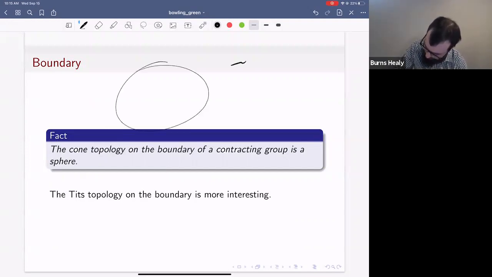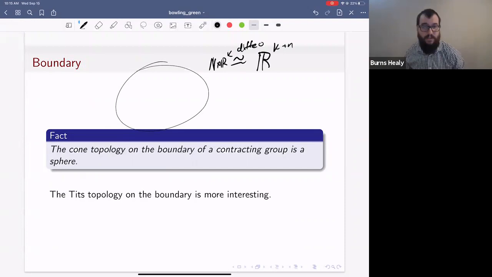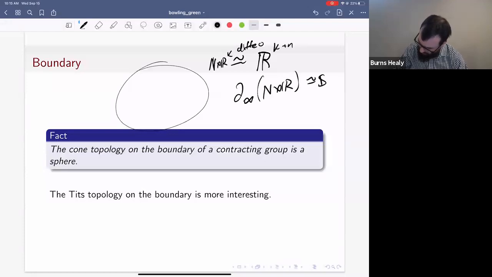If I take N semidirect R^k, this is diffeomorphic to just R^(k+n), where n is the dimension of N. So it's maybe not super surprising. In fact, it shouldn't be surprising at all that the cone topology just looks like a sphere of dimension k plus n minus 1.